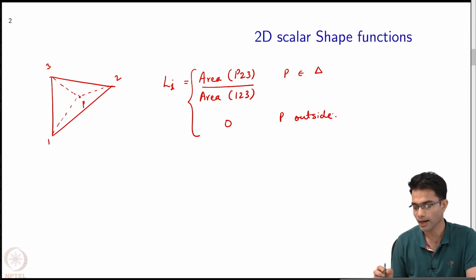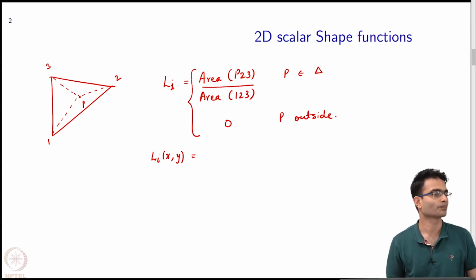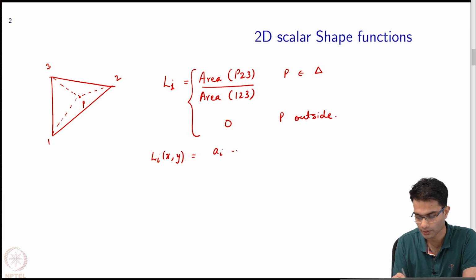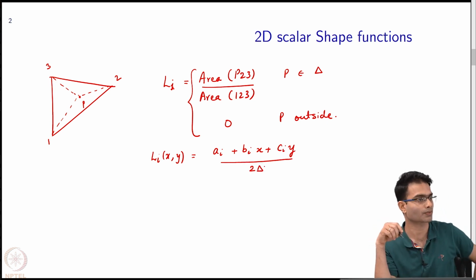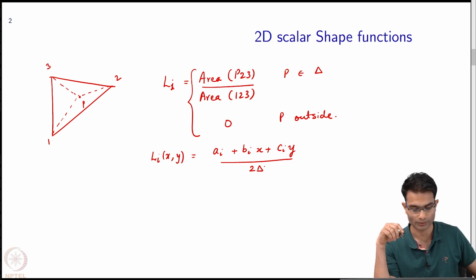For example, Li of x comma y turned out to be a linear function, so we had ai plus bi x plus ci y by 2 triangle. That is what we had defined as the shape function.